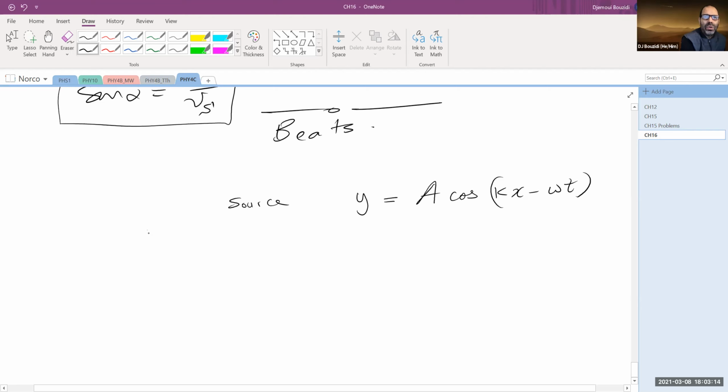Again, k and omega are related to one another in such a way that omega equals kv, where v is the velocity of sound. So this is what we described before for the case of the string, and it works the same for sound too in this case. So this is the angular frequency.